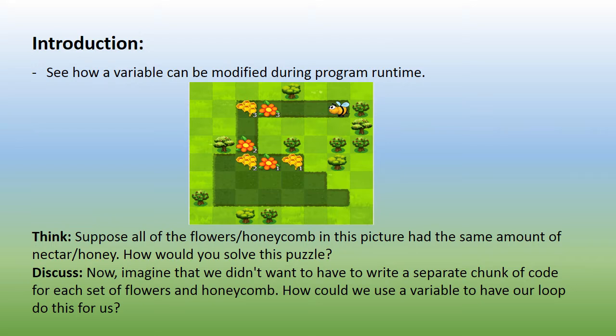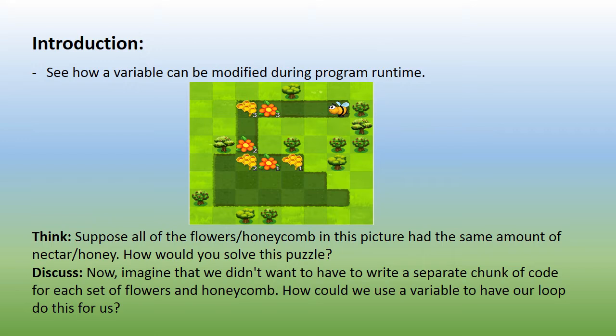The first line gets the flower with the honeycomb over here. Then I'm going to write another piece of code to turn around and get the other flower with the honey. The third one is to turn another time to get the flower and the honeycomb.